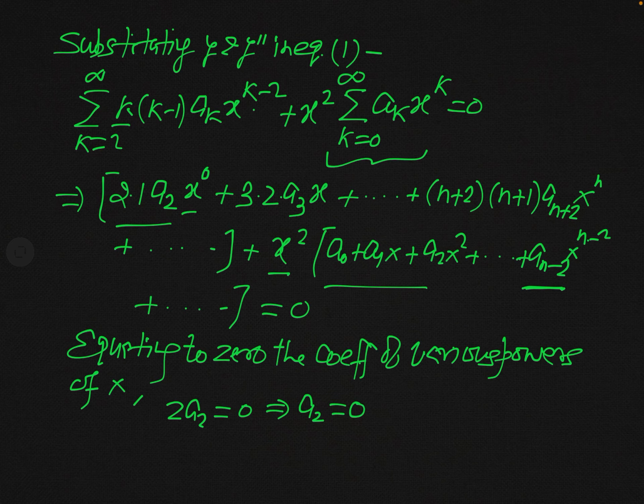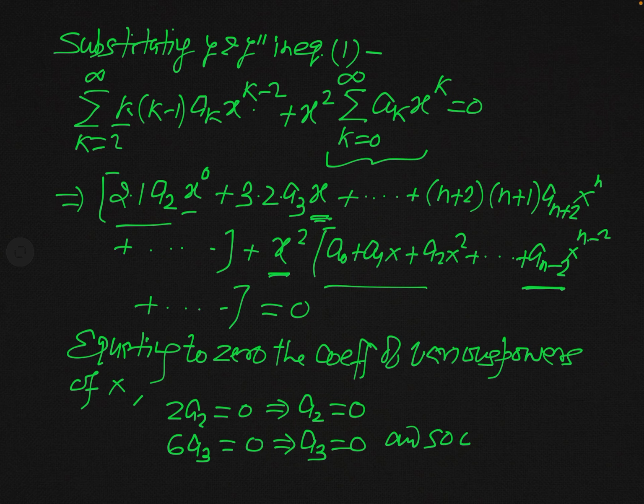And again, you can see x to the power 1 is here in the first series, but in the second series there will be no term containing x, because the lowest power term will be x square. So we can again put this 6a3 equal to 0, and so a3 is also equal to 0 here, and so on.